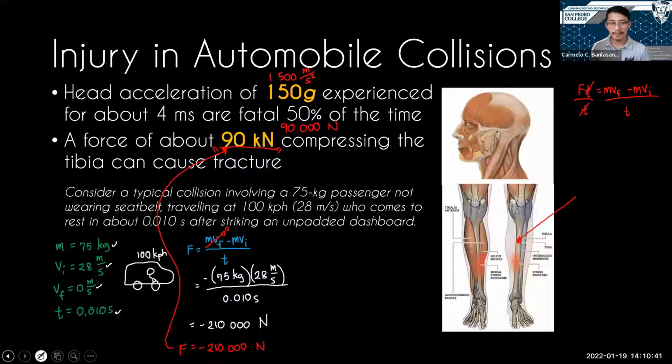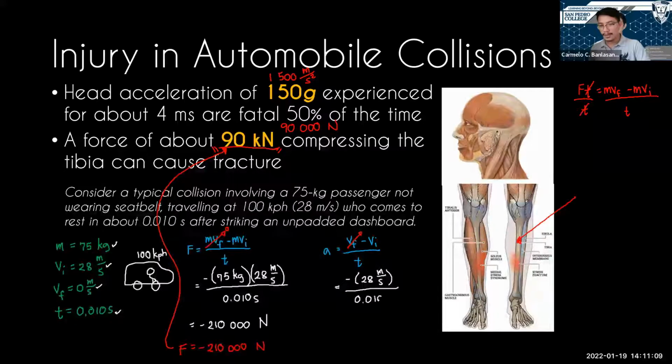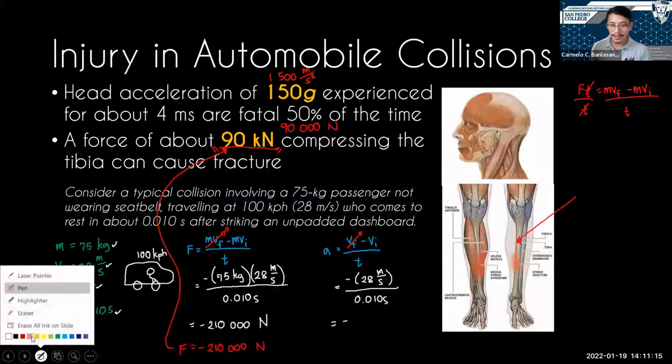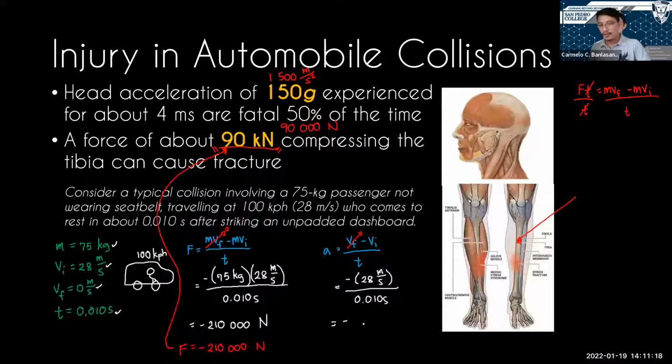How about acceleration? How are we going to calculate the acceleration? We know the formula for acceleration. Acceleration is final velocity minus initial velocity over time. And the final velocity is 0, so disregard. That means initial velocity is 28 meters per second divided by the time, 0.010 seconds. This gives us negative 2,800 meters per second squared.